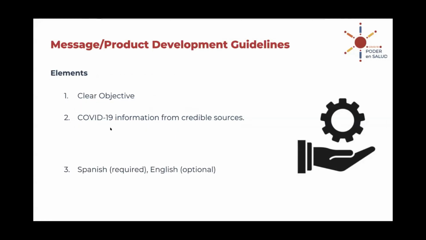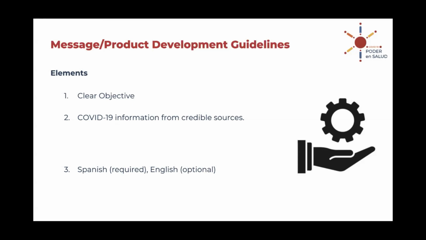And as mentioned by Julie earlier, there are some elements that you must incorporate within your message product. With this part of the form, there has to be a clear objective. So you have to know what you're targeting and who you're targeting, whether that's vaccination amongst athletes in your high school or simply your group of Latino students that want to work with the organization around them.